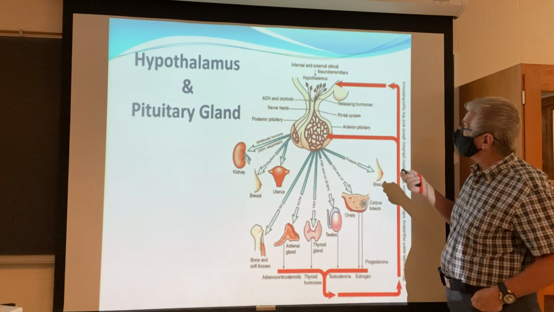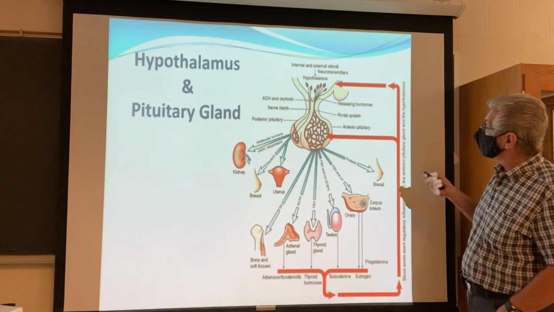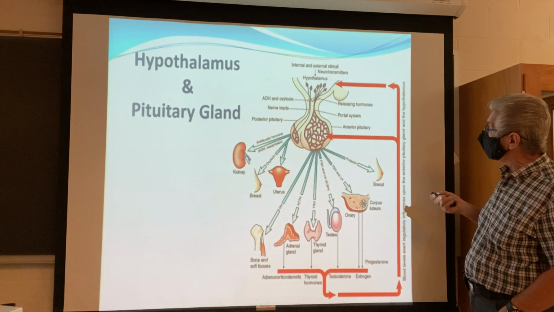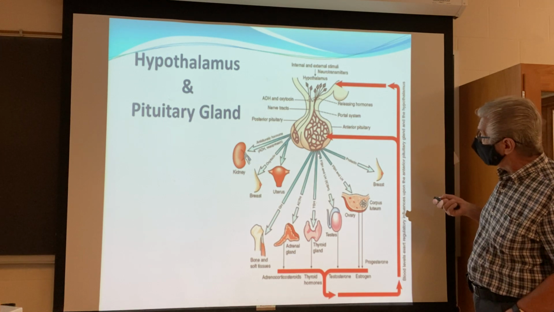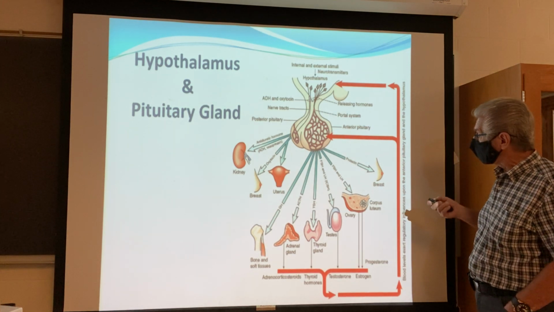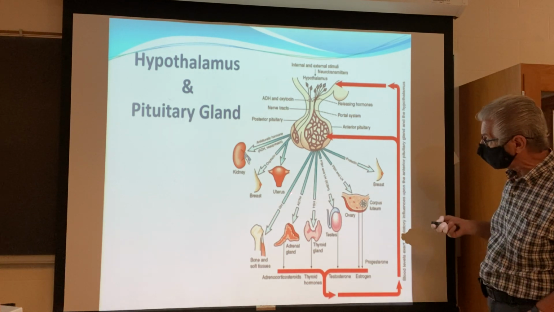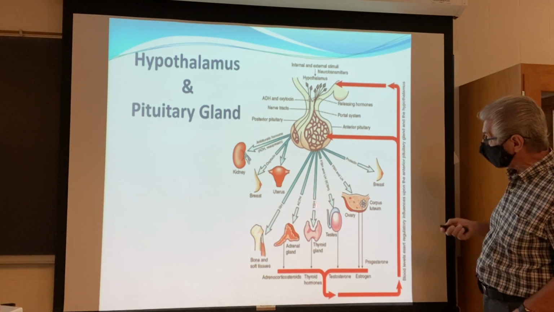So in this case, the releasing hormones from the hypothalamus are going to stimulate the release of hormones from the anterior pituitary that are going to stimulate, as you can see, various activities in our body.